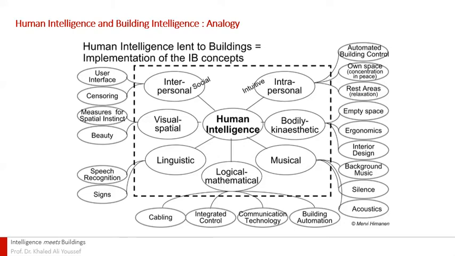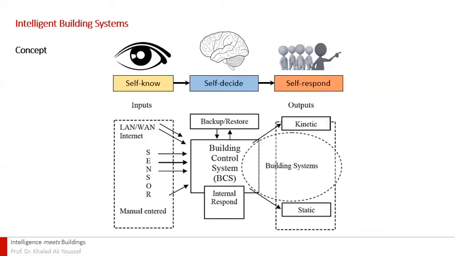This figure shows how strong the relationship between human intelligence and building intelligence is. As an example, the logical or mathematical abilities of people are translated into cabling solutions, integrated control systems, communication technologies, and building automation systems. Another example, the interpersonal abilities of intelligent people can also be transformed into user interfaces and sensors in intelligent buildings.